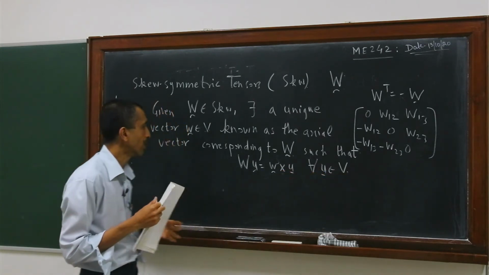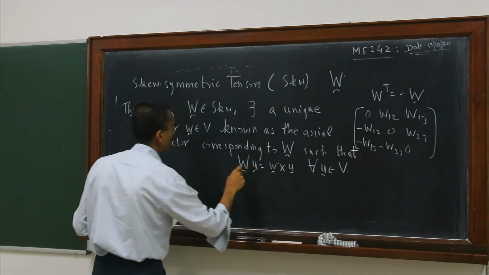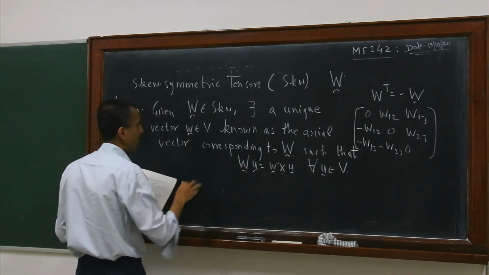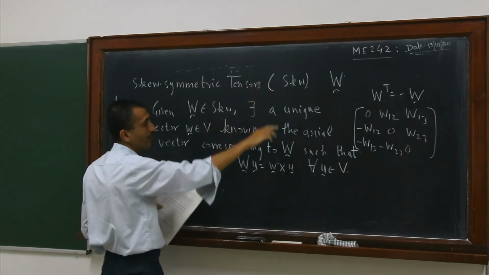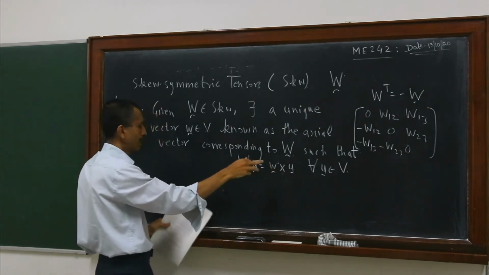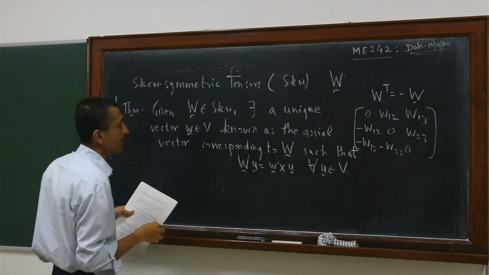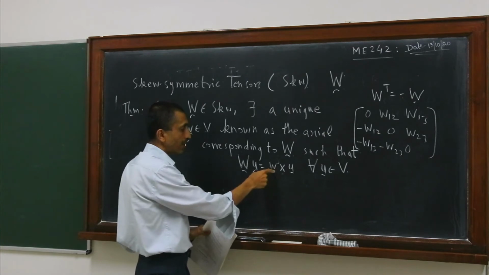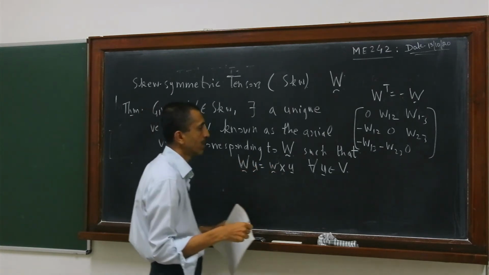This defines the axial vector of a skew symmetric tensor. What we are saying is that if you give any skew symmetric tensor, we can find an axial vector such that this relation is satisfied. And conversely, if you give me a vector small w, then there exists a skew symmetric tensor such that this relation holds.